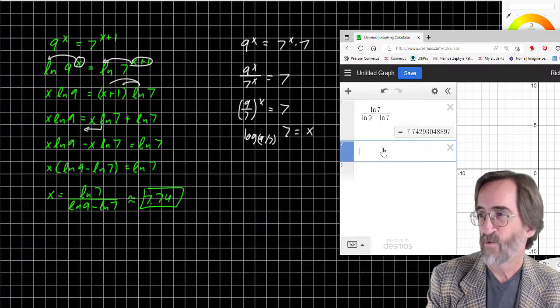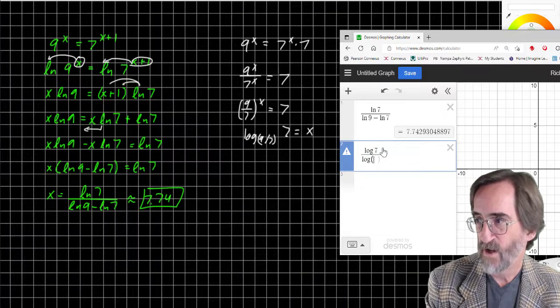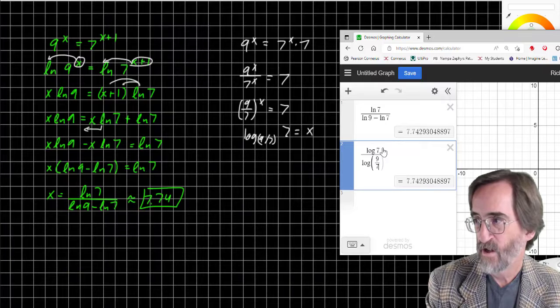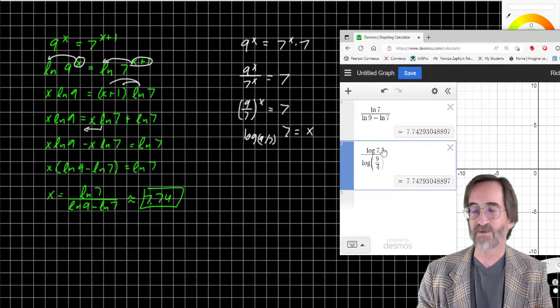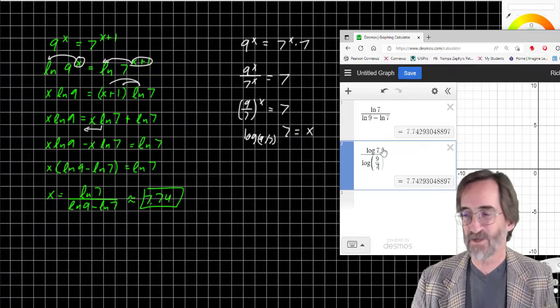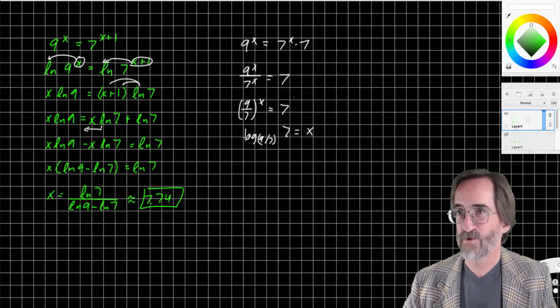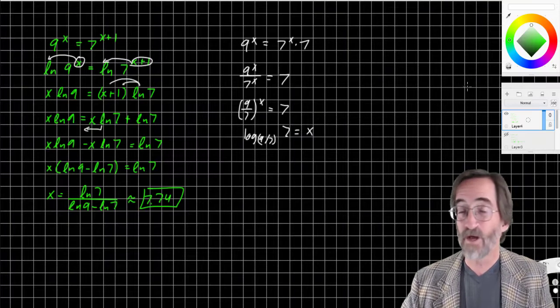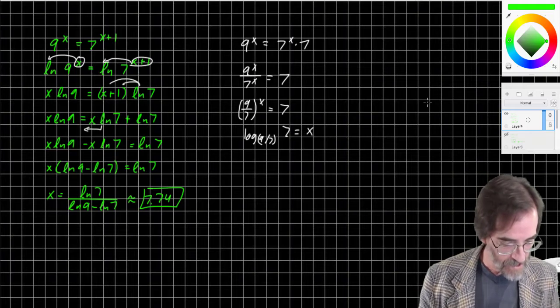So we're going to do the conversion formula: log of 7 divided by log of 9/7. Okay, and there we go, 7.7429. So it's the same answer. Just to give you an alternative, it is possible to isolate it down to a single exponent in this case. Not always, though. All right, so that's case number 2.